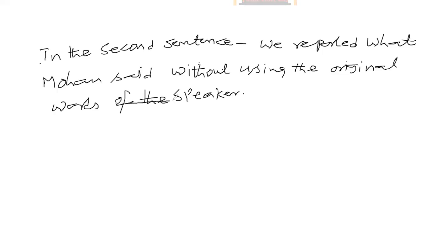Here, by giving the substance of his speech, we have not used the original words of the speaker. We just reported what Mohan said, so this is called indirect speech.